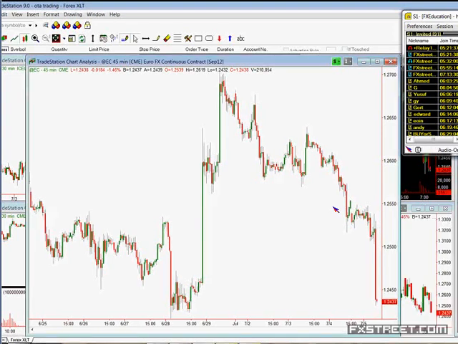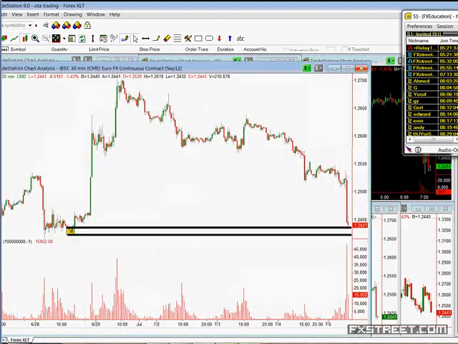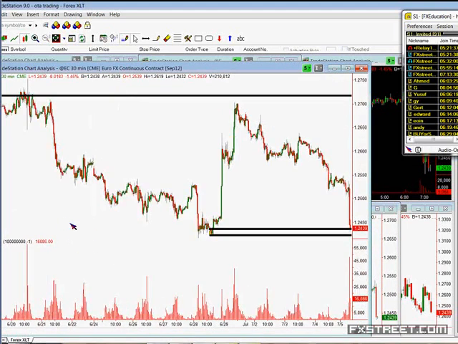All right, let's take a look here. So there's the 45-minute chart. Let me blow up this 30-minute chart here. Okay. So that's kind of the area we're looking at. This area is not exactly a fresh area.